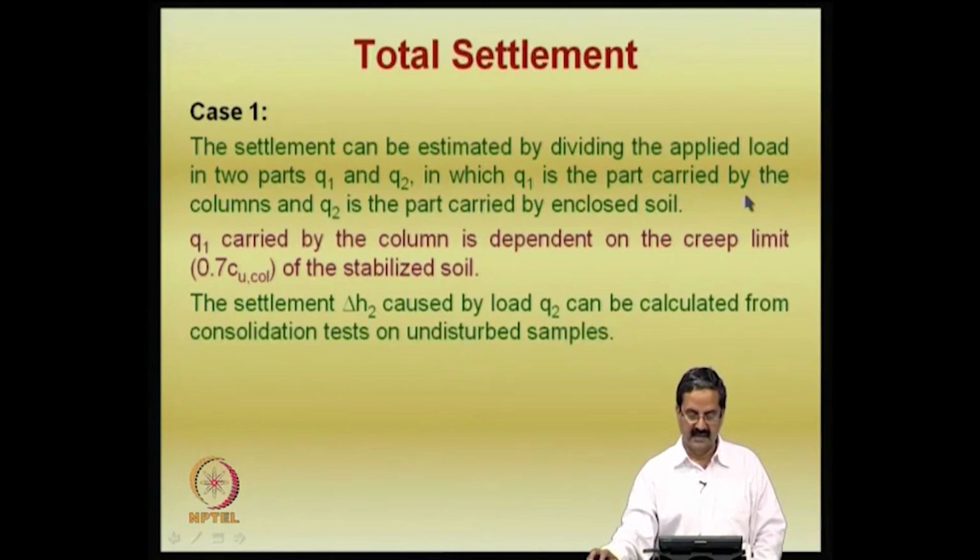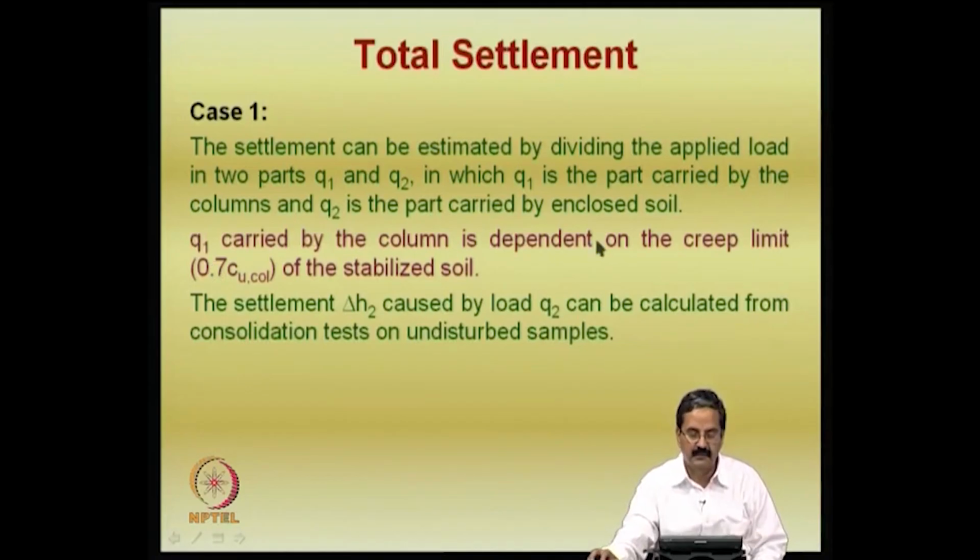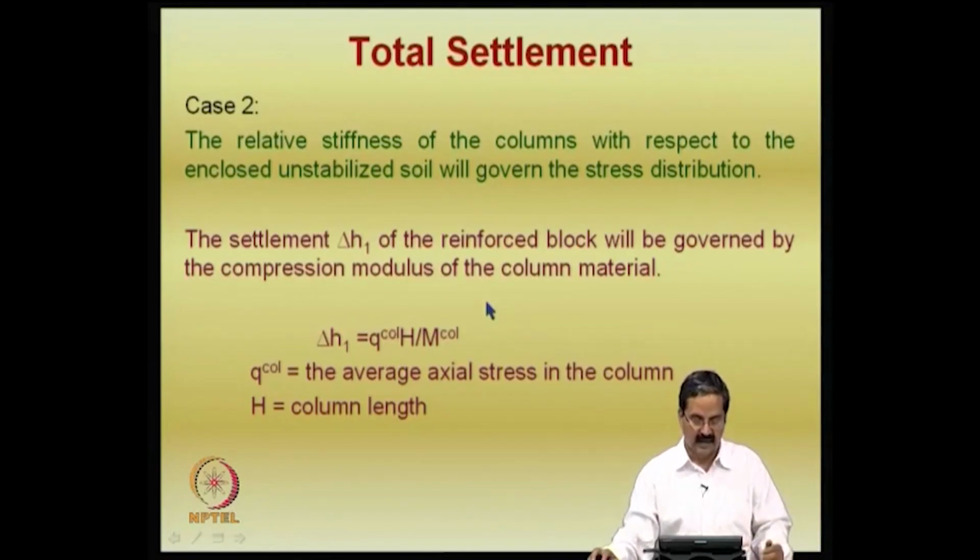In this case, Q1 gives the settlement from the column material, and for Q2 you calculate the settlements because of the soil layer beneath the lime columns. The other way, case 2, is when the total load is very low: the relative stiffness of the columns with respect to the enclosed unstabilized soil will govern the stress distribution.